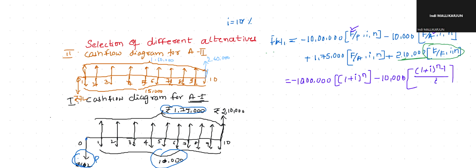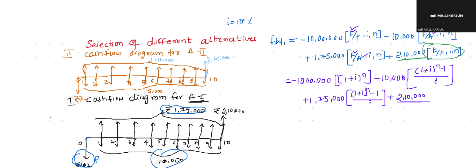Next, plus 1,75,000, with the same formula, future value for given annuity, that is 1 plus i power n minus 1 divided by i. Plus, directly write 2,10,000, because this is our future value.